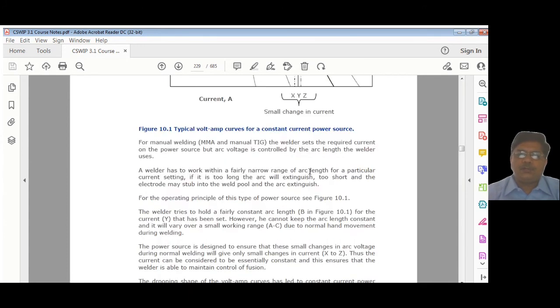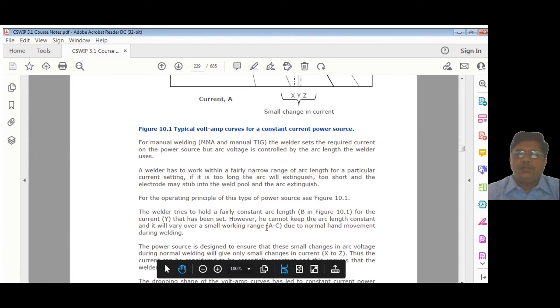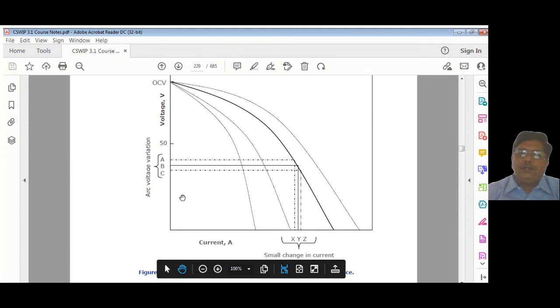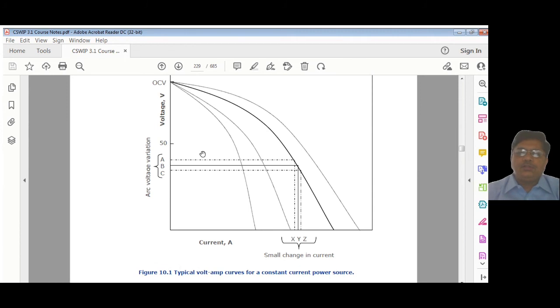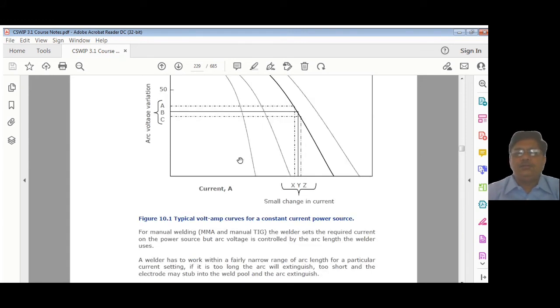For the current Y that has been set, however, he cannot keep the arc length constant and it will vary over a small working range between A and C due to normal hand movement during the welding. You don't have much flexibility in that. You have to vary from A to C during the welding. Beyond this, if you go, it will extinguish, and below, it will have too much welding heat in the job.